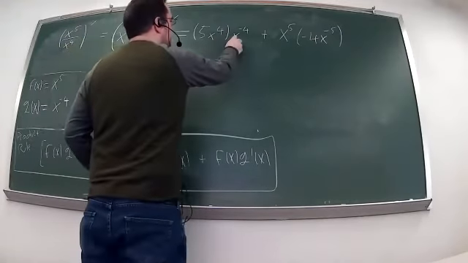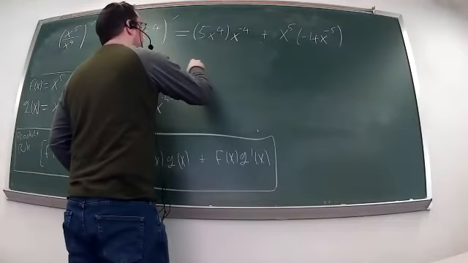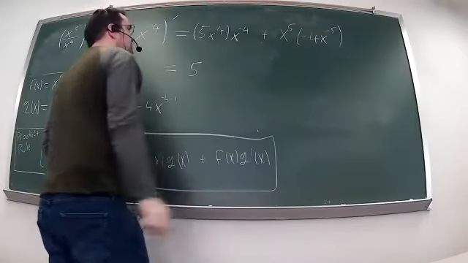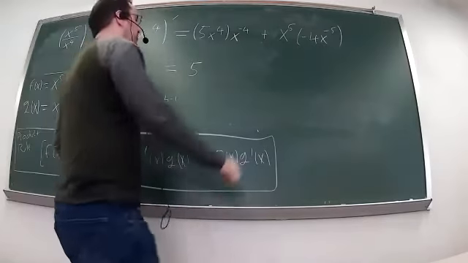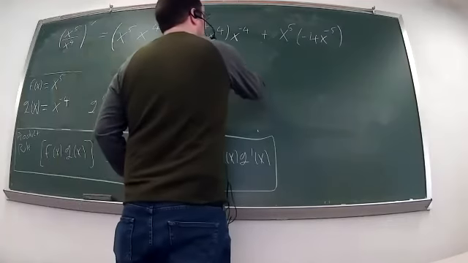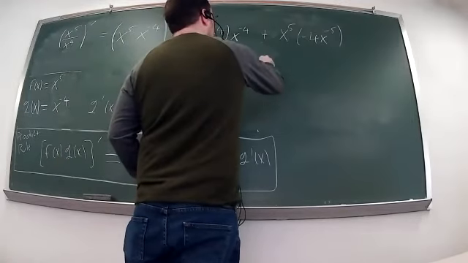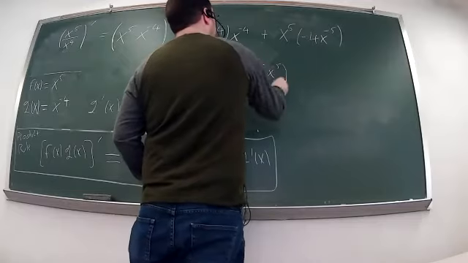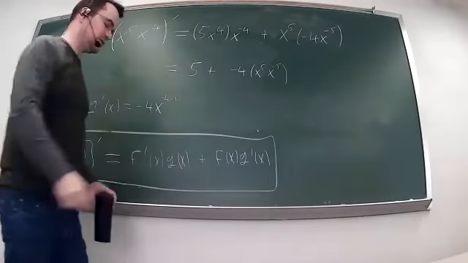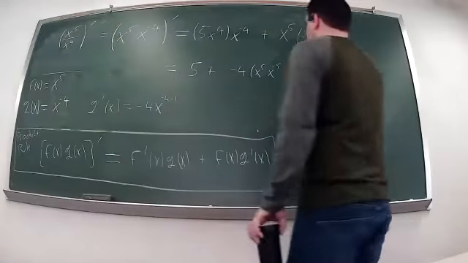So x to the 4th times x to the negative 4th, that's x to the 0, which is equal to 1, so that's just 5. And here we have negative 4 multiplied by x to the 5th times x to the minus 5th. Again, add those exponents, get x to the 0, which is equal to 1.